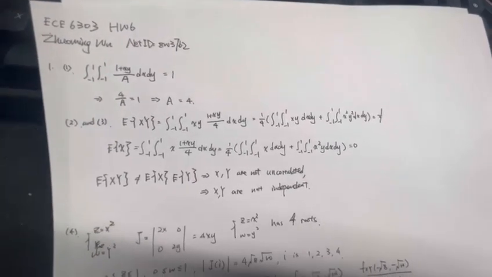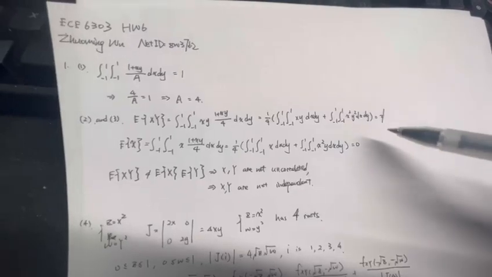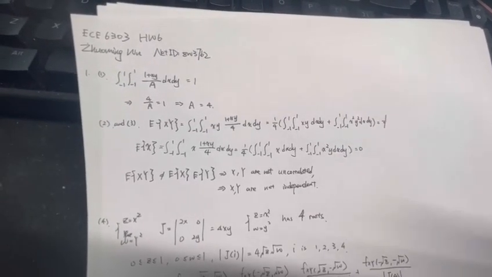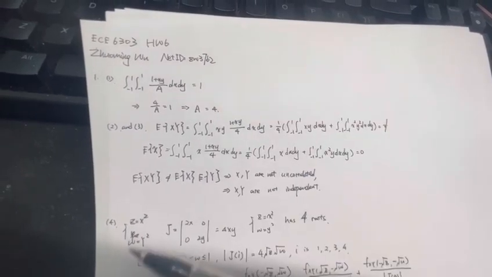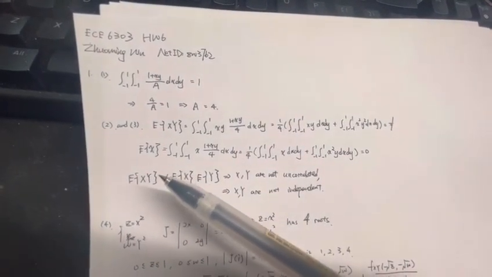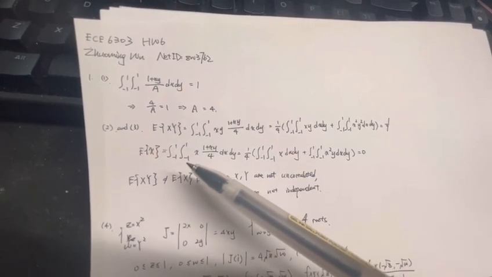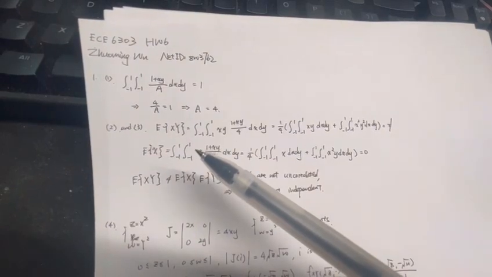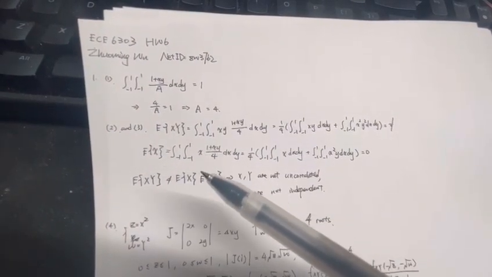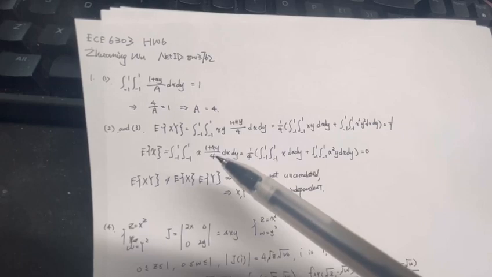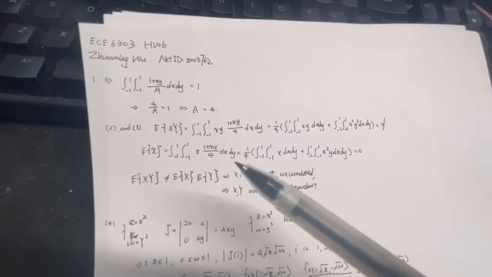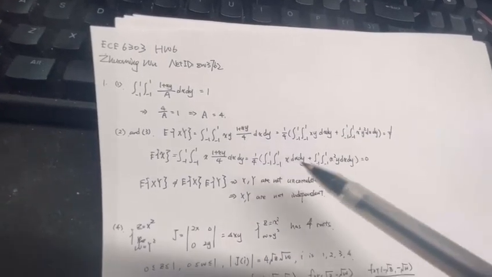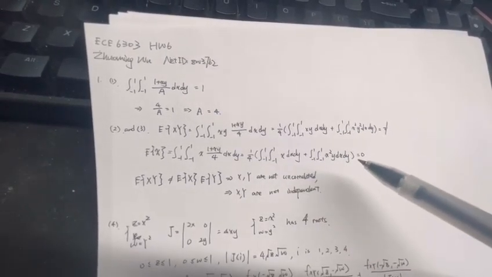By calculating this, we get 1 divided by 9. We also need to calculate E[X] and E[Y], but right here I calculate E[X]. E[X] equals the integral from negative 1 to 1 and the integral from negative 1 to 1 of x times (1 plus xy) divided by 4 dx dy. After calculating this, I get the final value as 0.